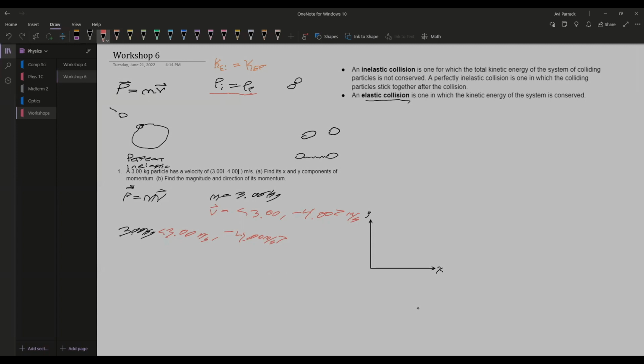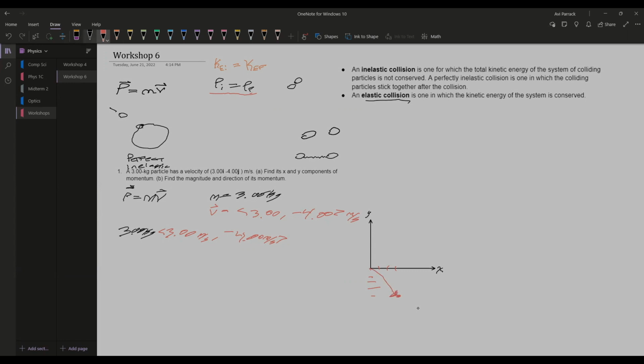So if we were to travel 1, 2, 3 meters per second in the x direction, in that same amount of time, we would also be traveling 1, 2, 3, 4 meters per second in the negative y direction. So that gives us a vector that looks something like this. This is our velocity vector.